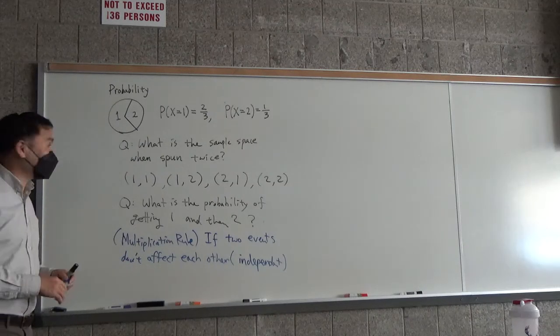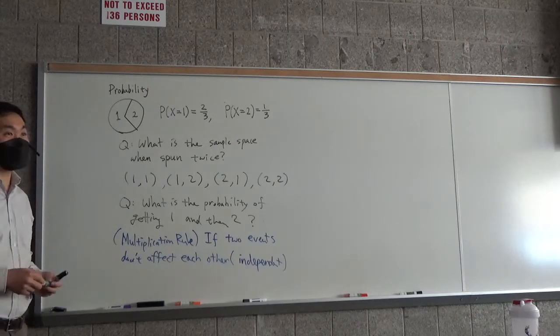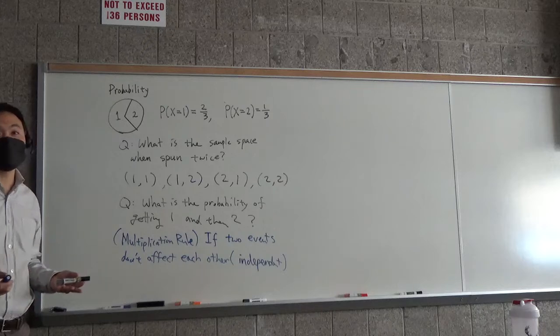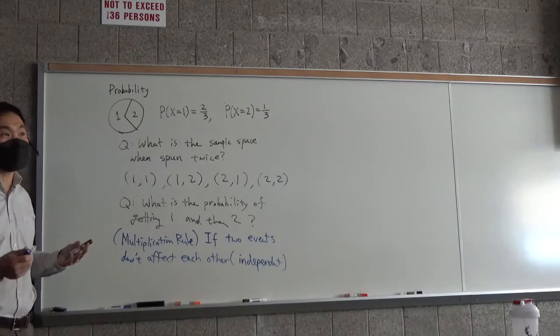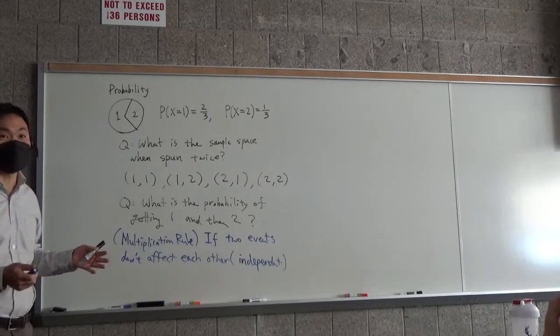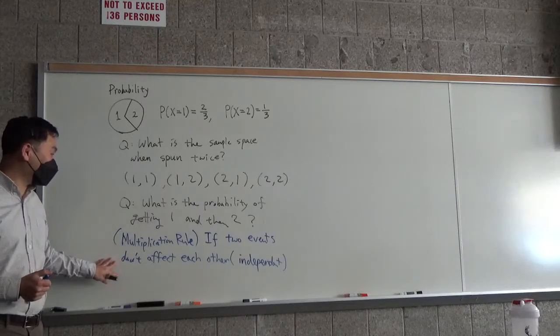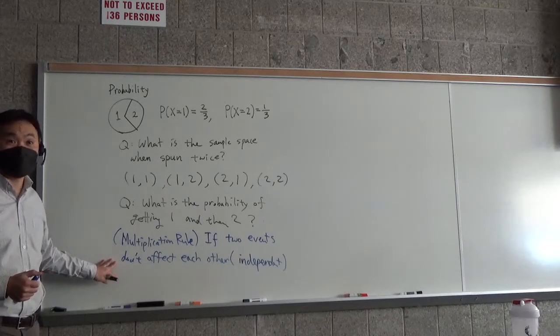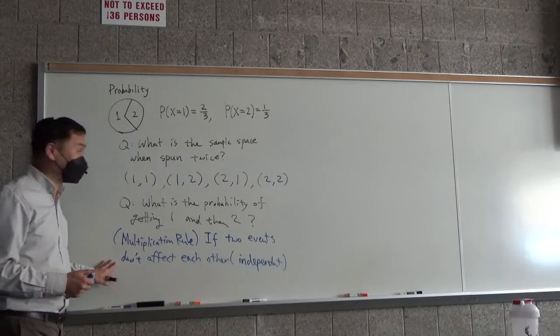It's not like if you spun the first one and got a 1, the spinner has a mind of its own. It just doesn't care if the first spin was 1. It doesn't say, oh, you got a 1 in the first roll, so I'll increase your chances of getting a 2. It doesn't work that way, right? So the 2 spins don't affect each other. In that case, we say the 2 spins are independent, okay?